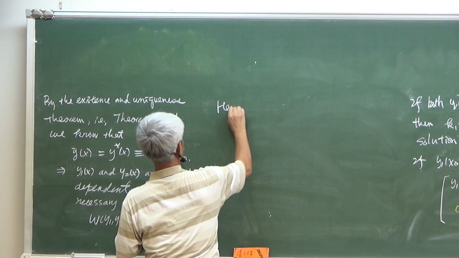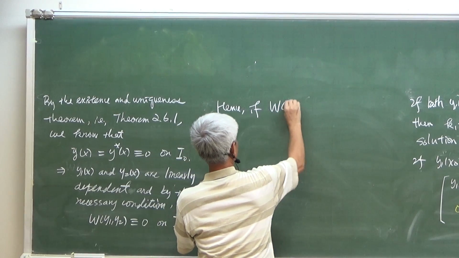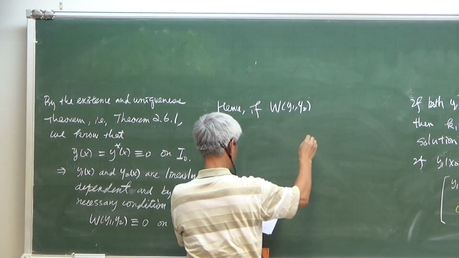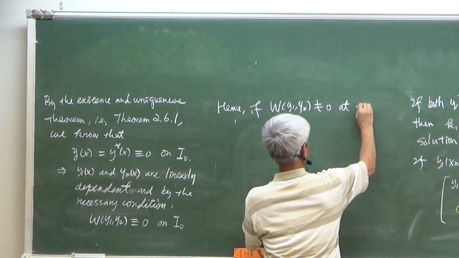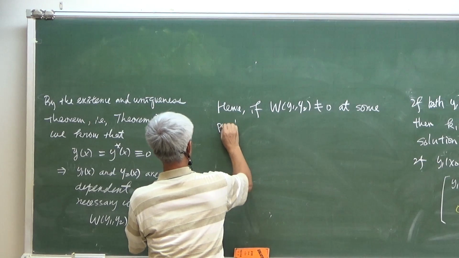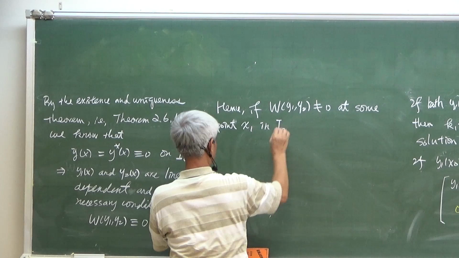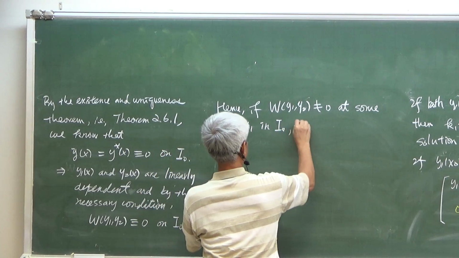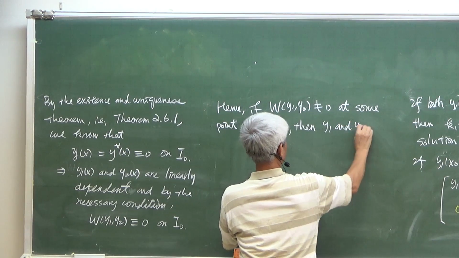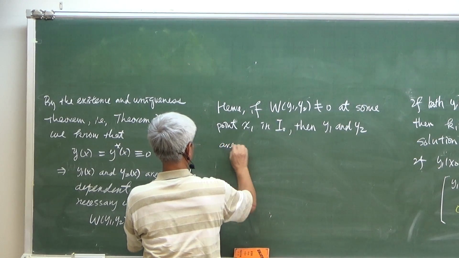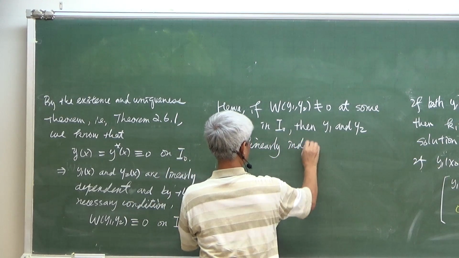Hence, if the Wronskian of y1 and y2 is not equal to 0 at some point x1 in I0, then y1 and y2 are linearly independent.